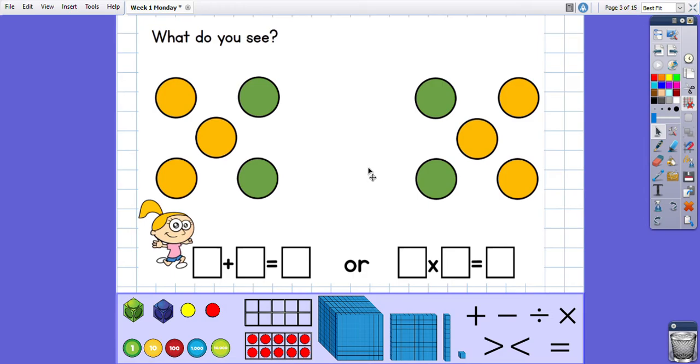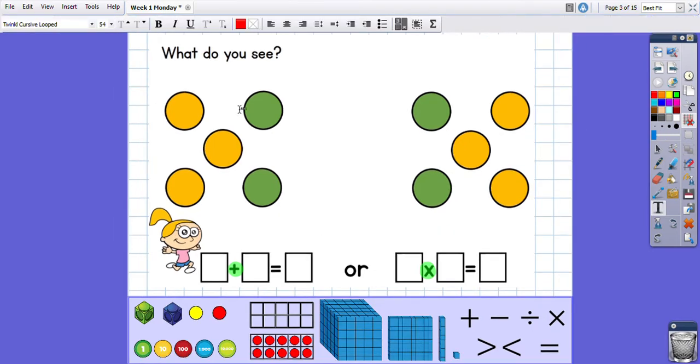What do you see? When I look at this, I see two different things. I see an addition sum, but I also see a multiplication sum. For the addition, I see 5 counters here, so I've got 5, add another 5 counters here, which gives me the total of 10.